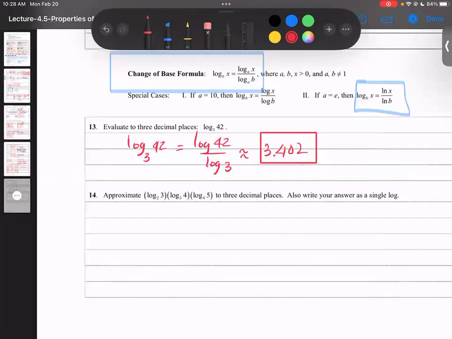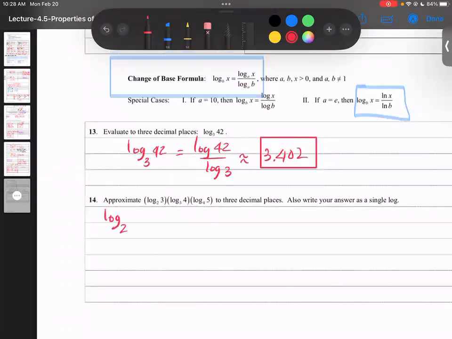And this one real quick, and I'll let you go. Log base 2 of 3 times log base 3 of 4 times log base 4 of 5. I can rewrite it as log 3 divided by log 2 times log 4 divided by log 3 times log 5 divided by log 4. Look what I can cancel.